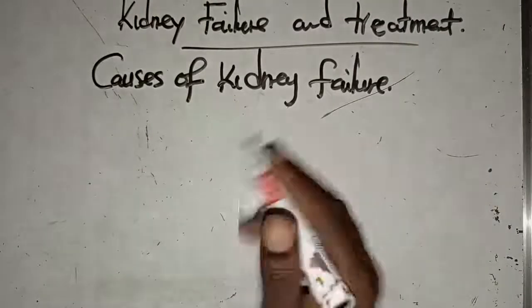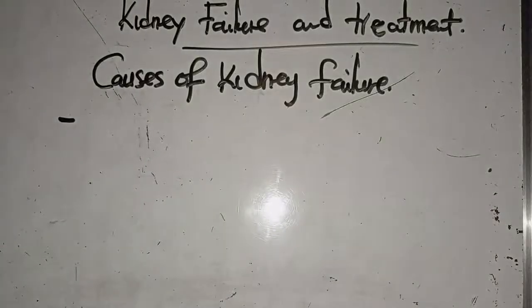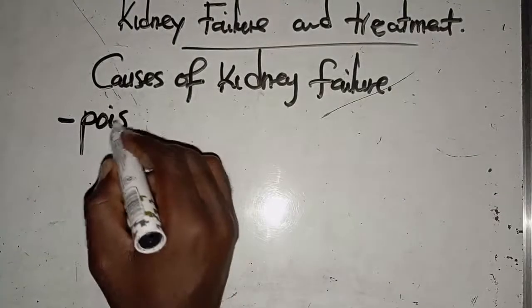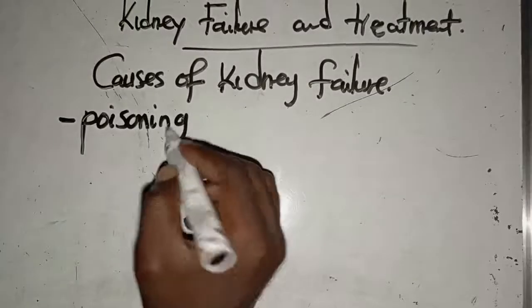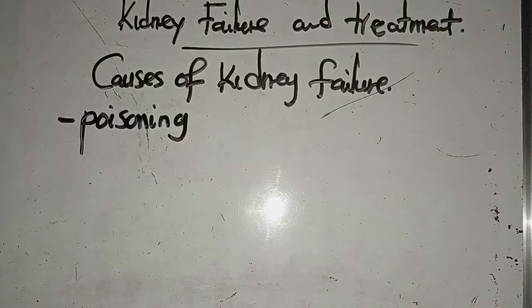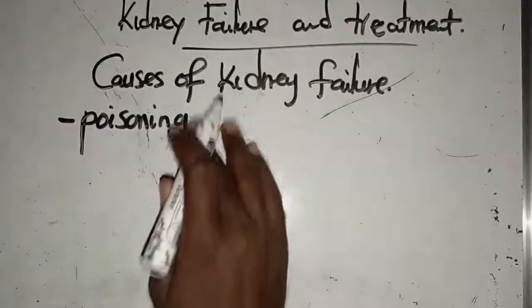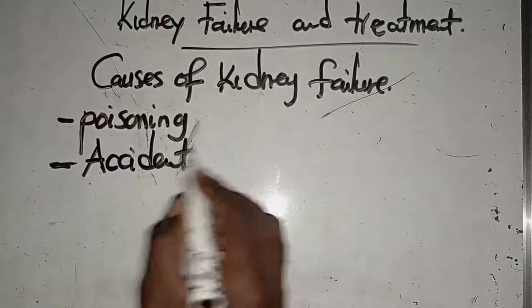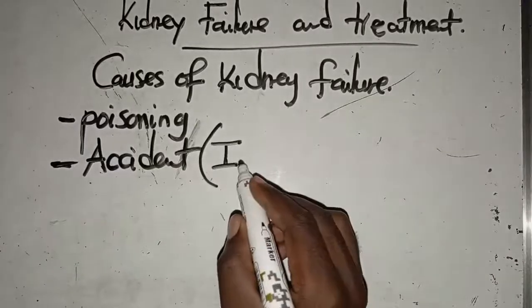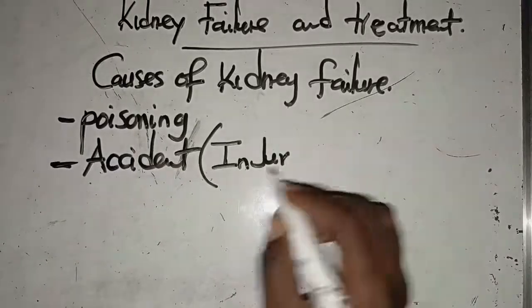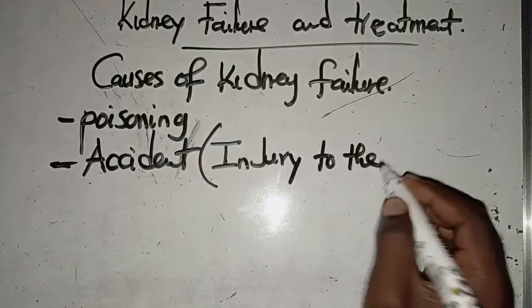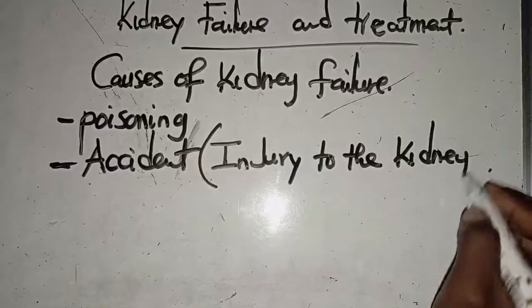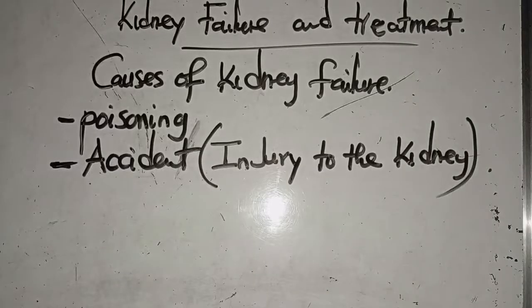When we are talking about kidney failure, you need to note that it can be caused by poisoning. Where maybe your food has been poisoned, you can experience some kidney failure. Aside from that, you also need to understand accident, specifically injury to the kidney, which can cause kidney failure.